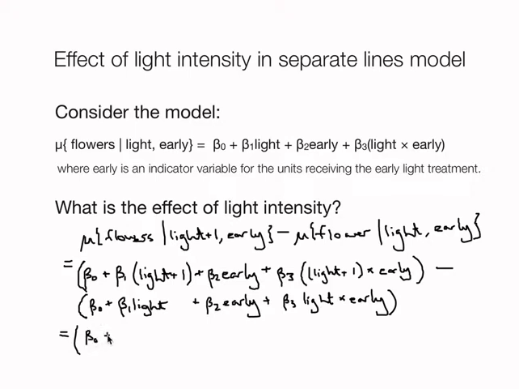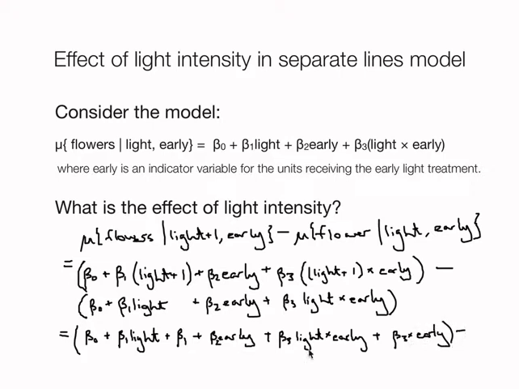So I have beta 0 plus, here I'll get a beta 1 times light plus beta 1, plus beta 2 early, plus, okay, so here light plus 1 times early would give me a light times early plus an early, and I'm multiplying both of those by beta 3, so I'll end up with a beta 3 times light times early plus a beta 3 times early. Okay, and then I'm subtracting off that second mean.